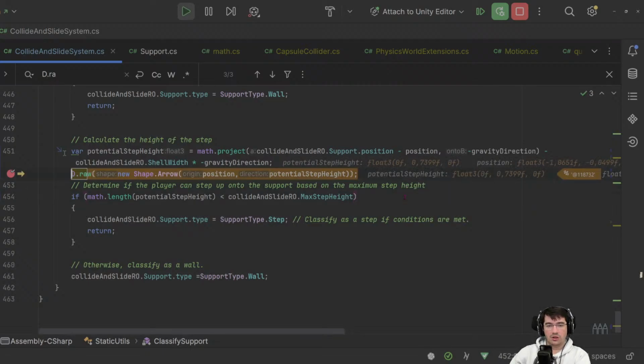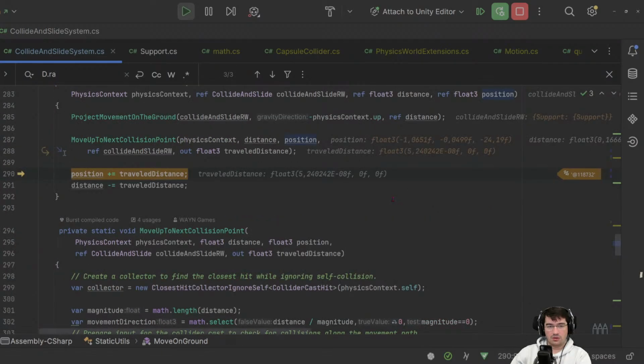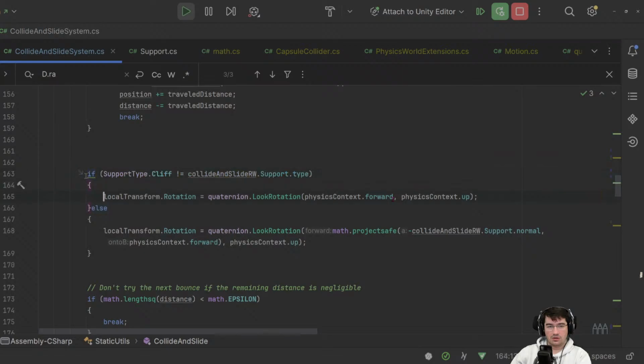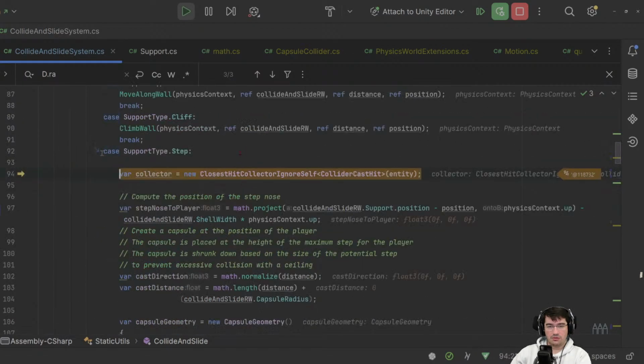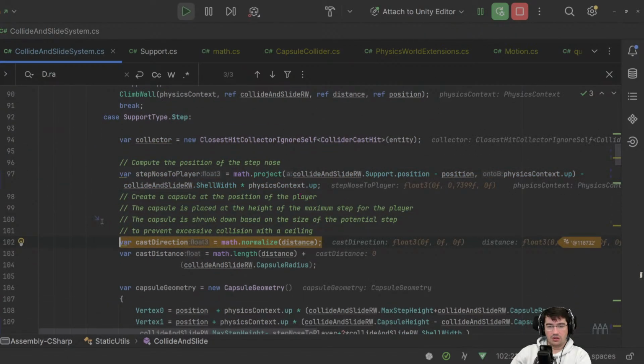You should be able to climb it. So it's a step. Good. Now what? Not a cliff. Moving on to the next one. It's a step. Now I'm stepping.